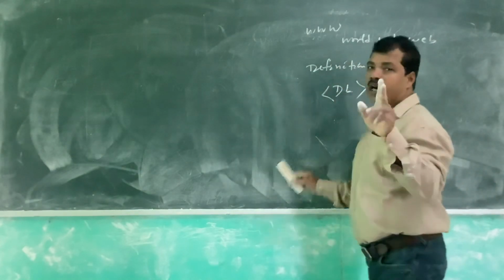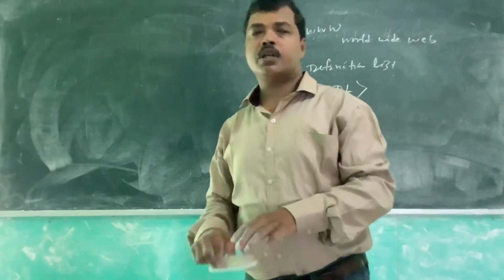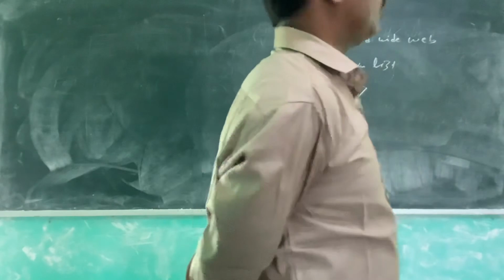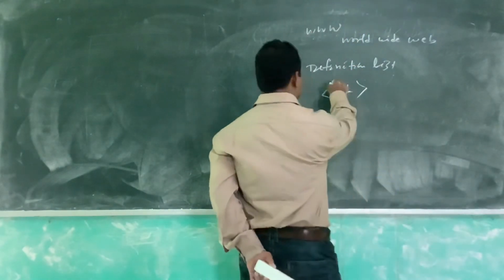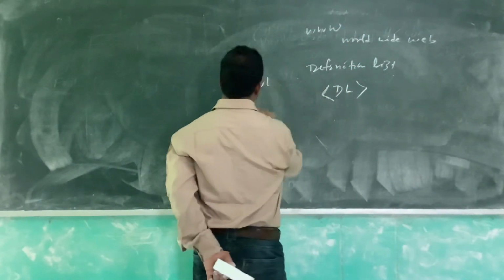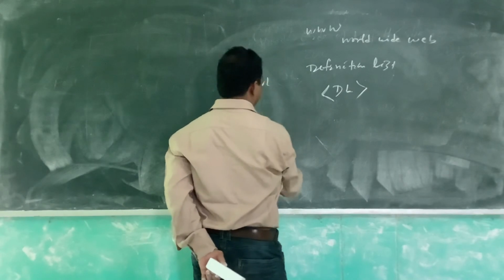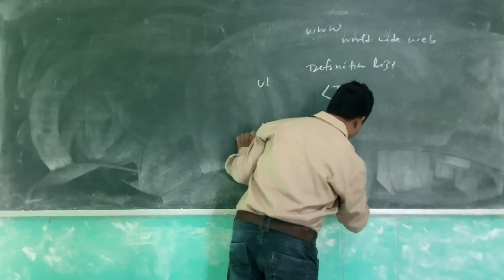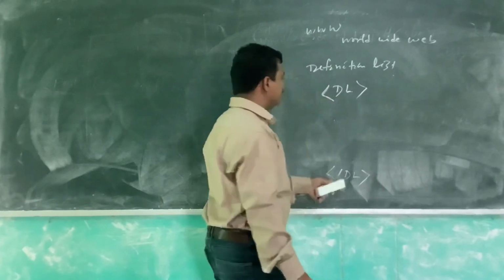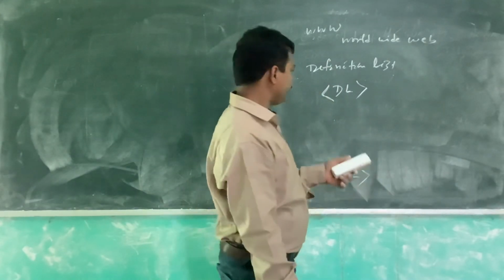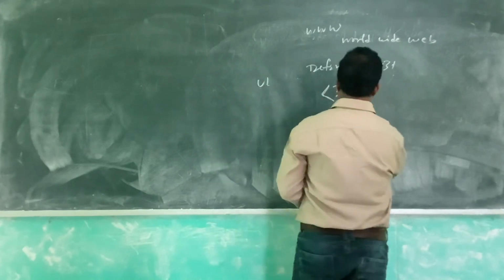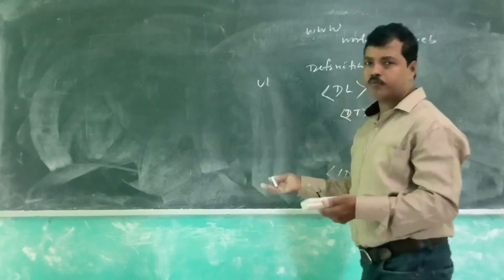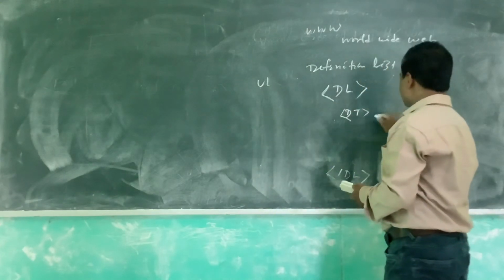Three tags we have to use for creating or maintaining a definition list. One is DL, the starting tag, just like UL, OL. Similarly, DL and slash DL. Then DT, that means the definition term. What is the term? The term is HTML.